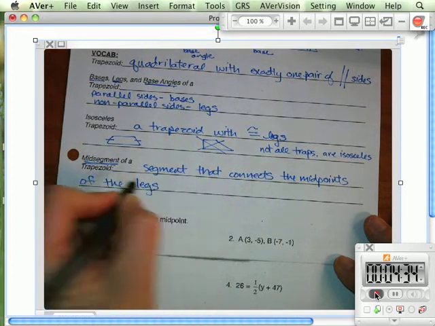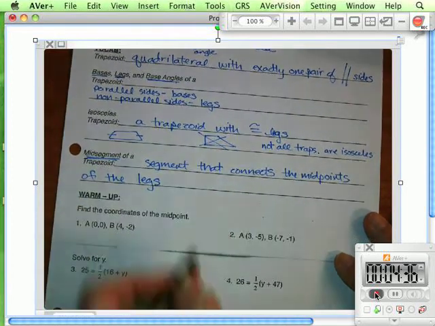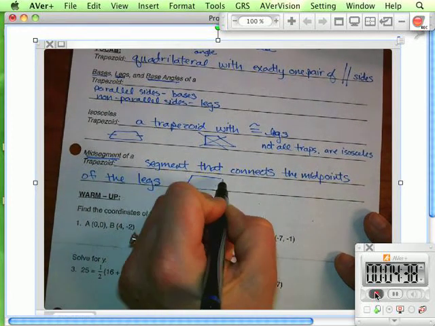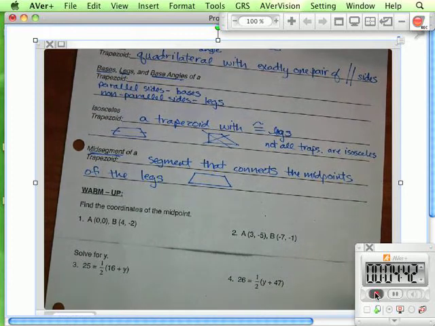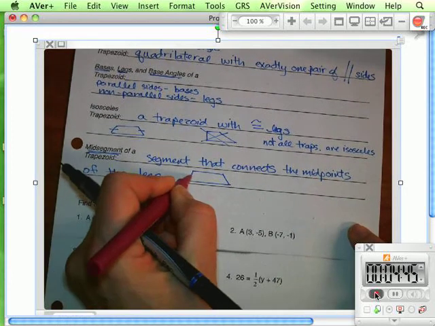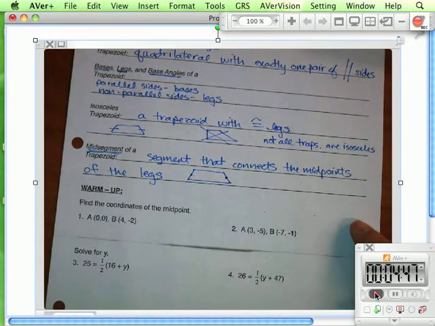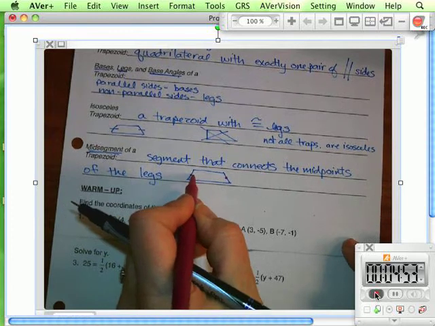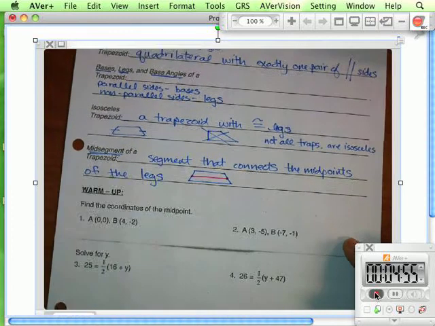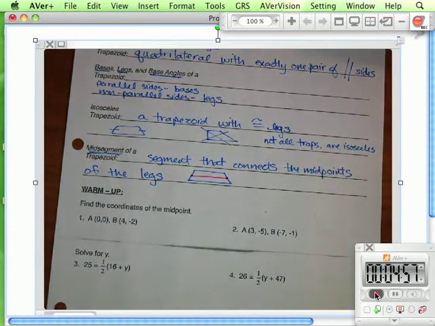So if I have a trapezoid here, exactly these points right here are the midpoints. A midpoint is exactly in half, right? If you draw a line connecting that, that's called the mid-segment. Kind of makes sense, mid-segment.